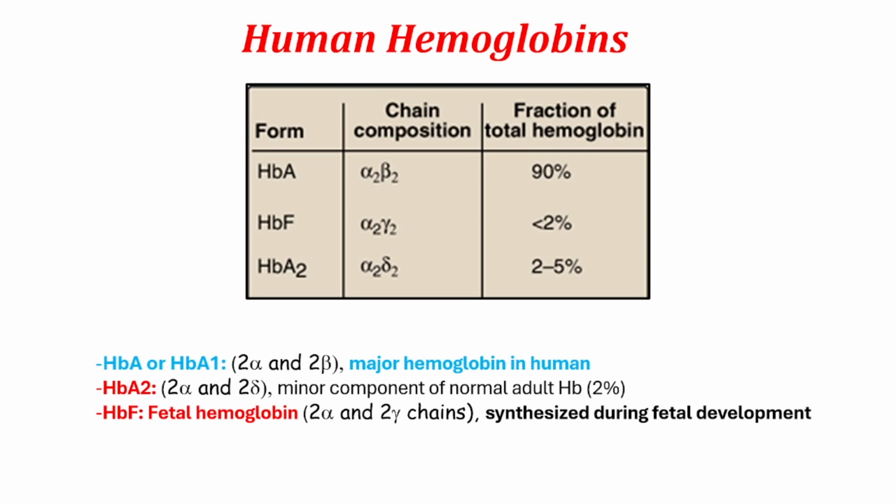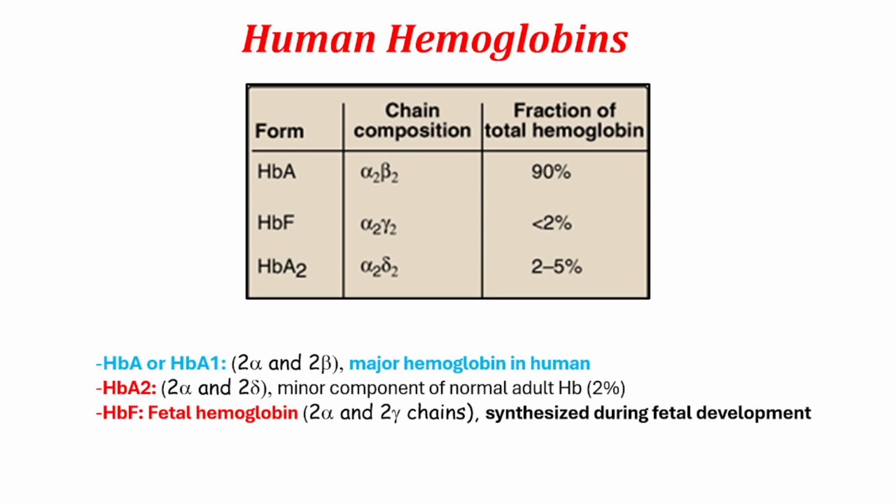All right, hemoglobin. In our body, we have mostly 2 types, but we have a third type, which is present in very minor proportions. So the major hemoglobin that you have in your body, we call hemoglobin A, or sometimes hemoglobin A0. This represents 90% of your total hemoglobin.